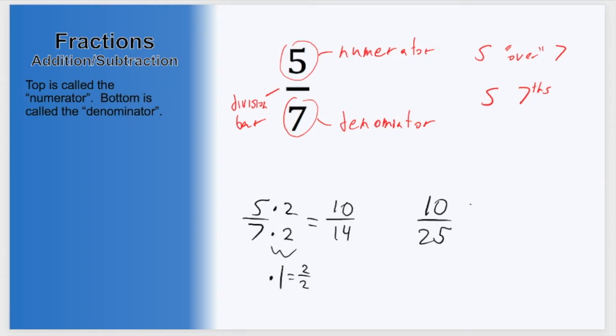Here we see that 5 can fit into both the 10 and the 25, so we're going to divide both the top and the bottom by that common factor. Dividing 10 by 5, 5 fits into 10 twice. Meanwhile, on the bottom, 25 divided by 5, 5 fits into 25 5 times. We now have 2 over 5, and there are no other numbers that fit evenly into both 2 and 5, aside from 1, so this fraction is in its most simplified form.